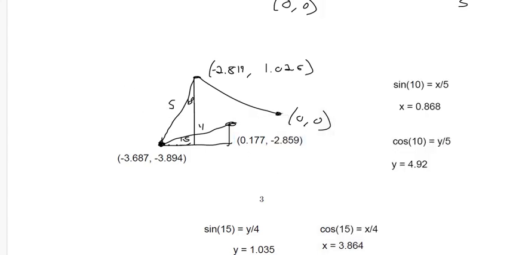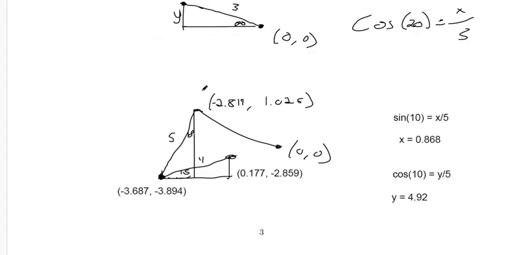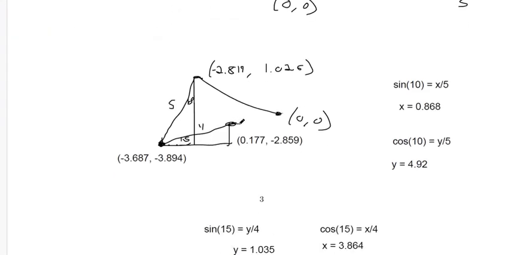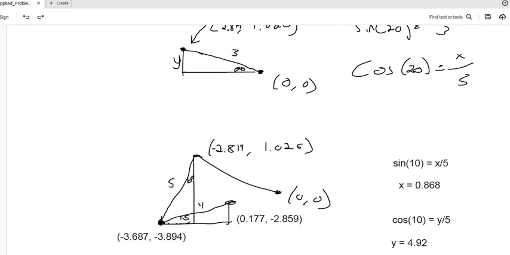So the last part of the question says, how far do we have to go to get back home? And in what direction? So we need to know the angle between these two. Here, let me just draw it where we ended up. Here's 0, 0, and then with a correction because my drawings were just estimates, we're a little bit to the right and still below.